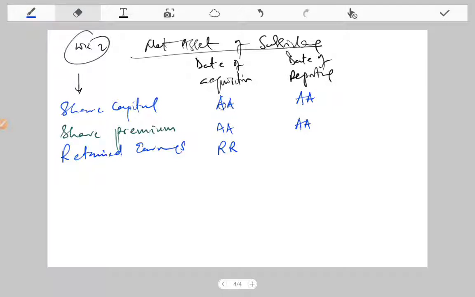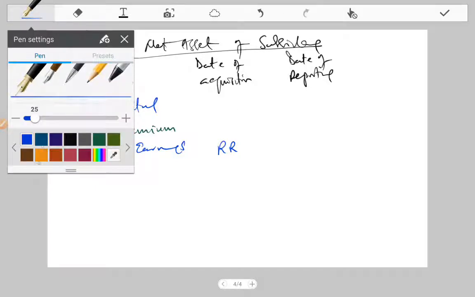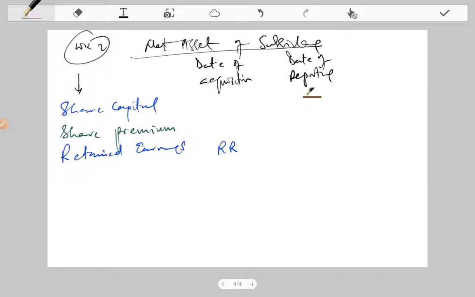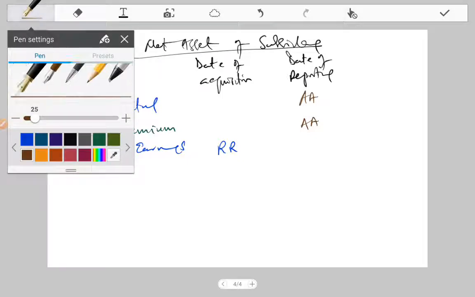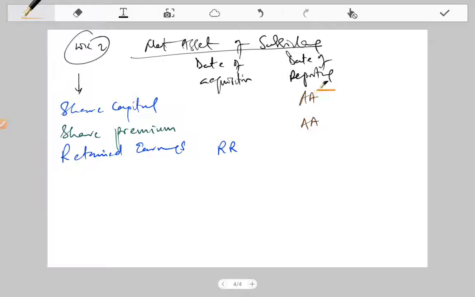Practically speaking, for your exam, the examiner will only give you the share capital and share premium on the date of reporting, which is always stated in the question.